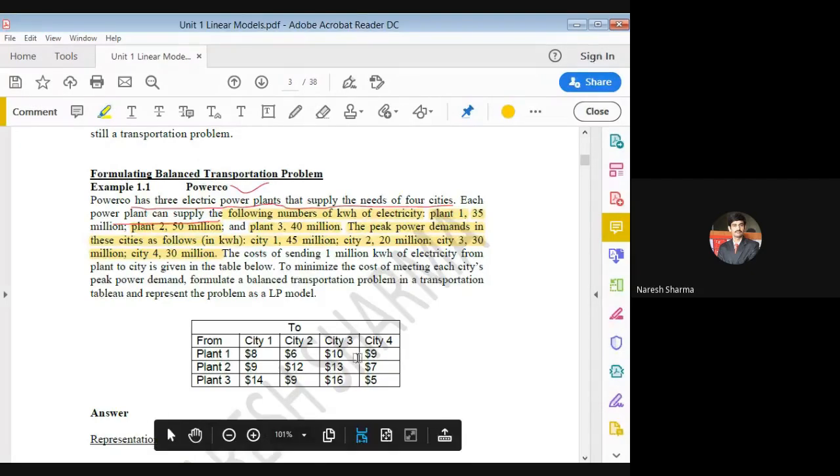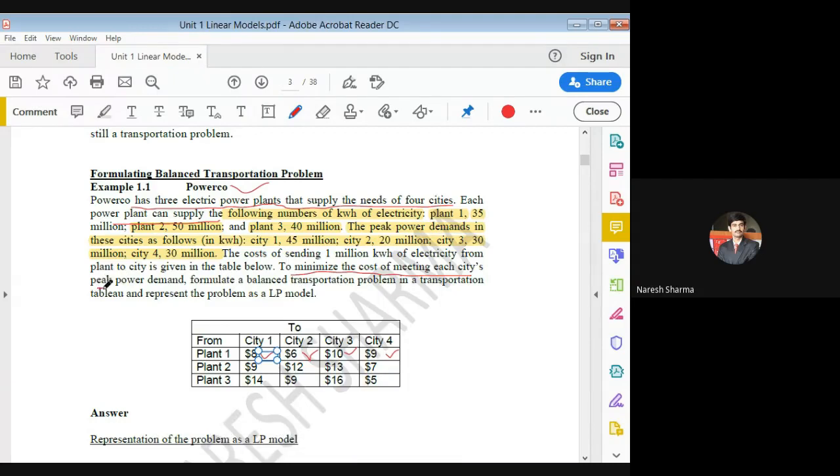If you see the table, from plant 1 to city 1 the cost is $8, plant 1 to city 2 it is $6, similarly $10, and similarly here $9. So to minimize the cost of meeting each city's peak power demand, formulate the balanced linear programming problem.